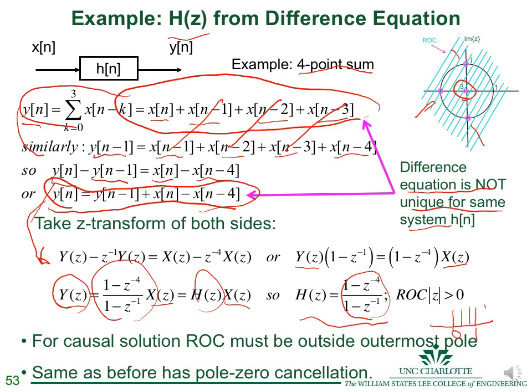However, if we come up with the original z transform up here, we can note that if we take the z transform of the top equation, y of z equals x of z times 1 plus z to the minus 1 plus z to the minus 2 plus z to the minus 3.